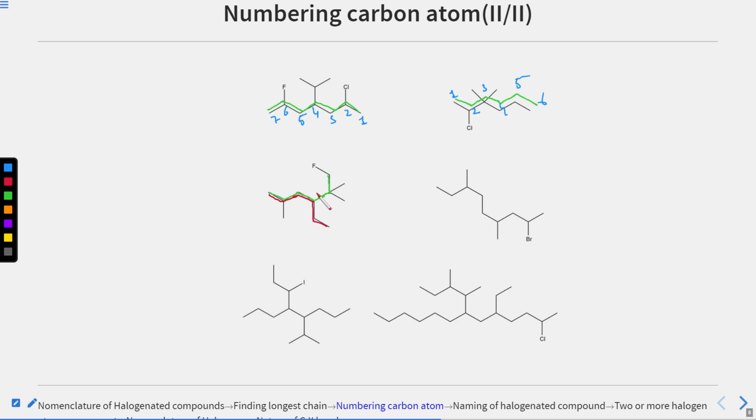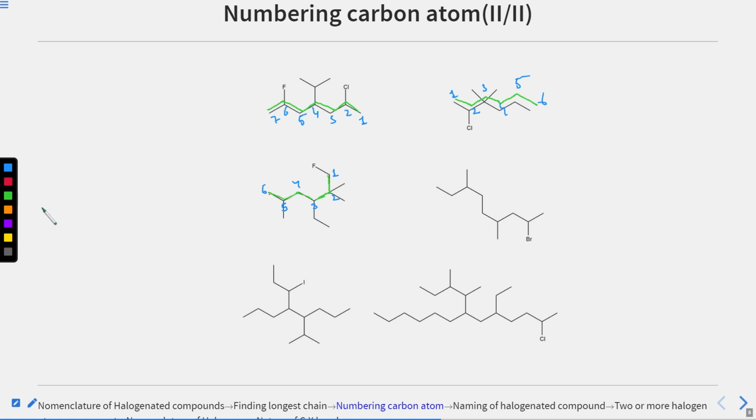Now we can see very clearly that both of these have a methyl on number 2. But you can see here that fluorine has number 1 in this chain. So we will take this green one. Okay, and we would start numbering it from the right. It should be clear. Okay, so this would be looking like this. So this would be our numbering.